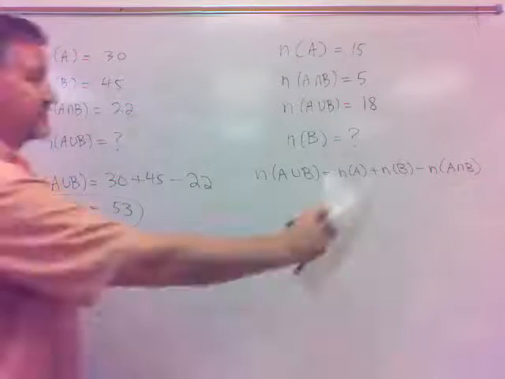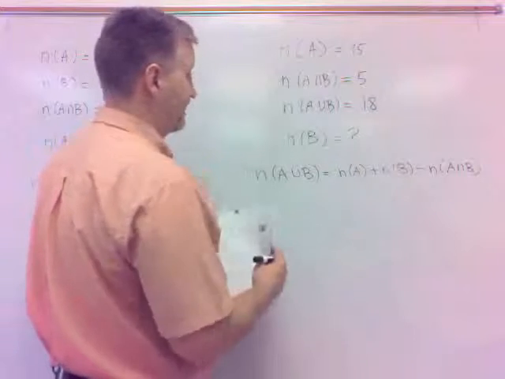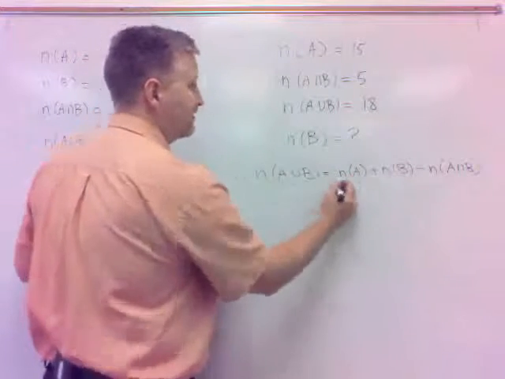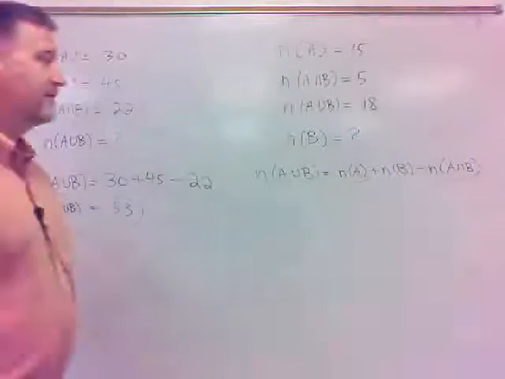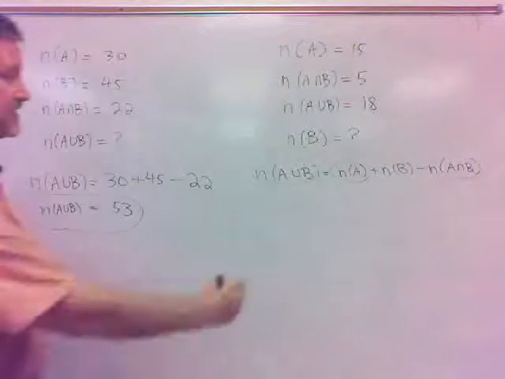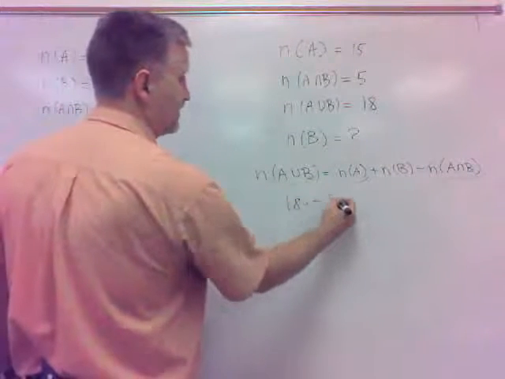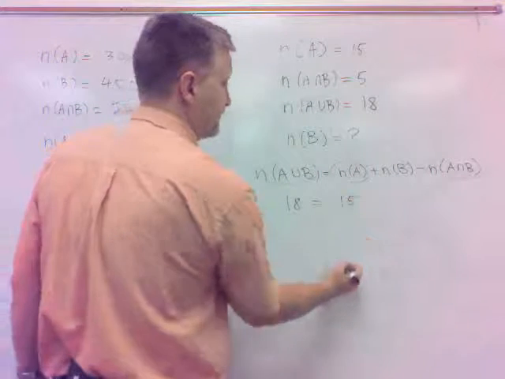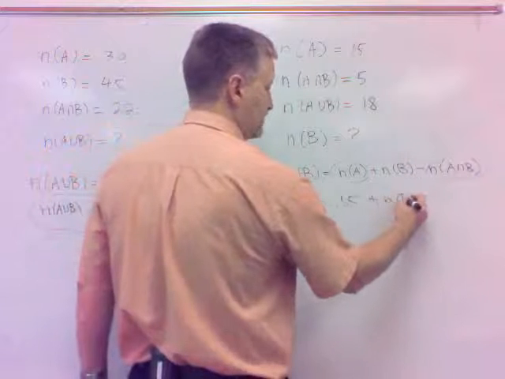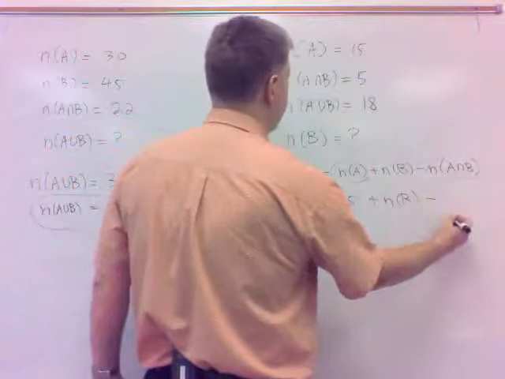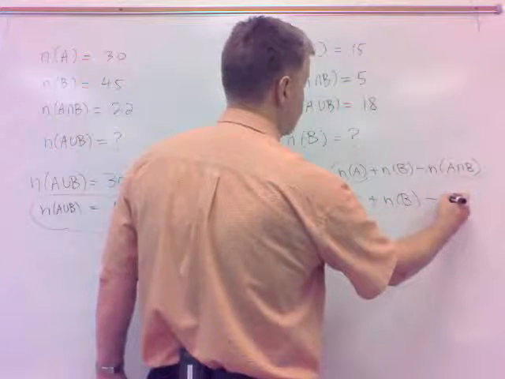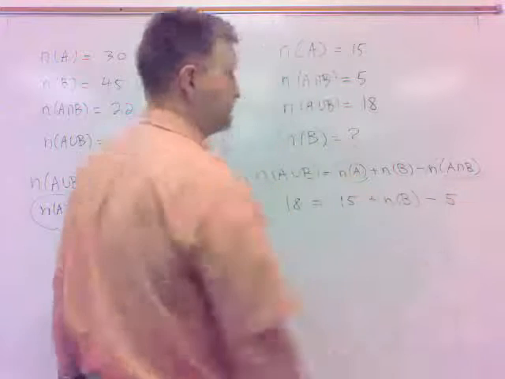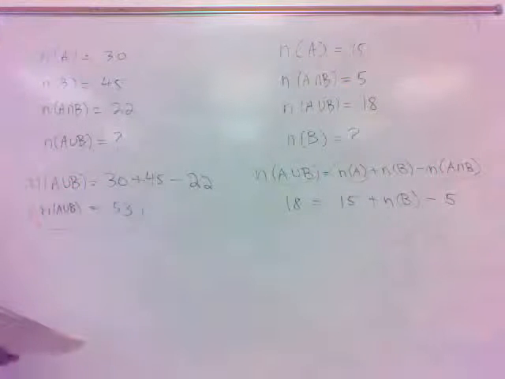What I don't know is the number in B, so I can't fill that in, but I can fill in the other three. I know how many are in the union, so that's 18 here. A is 15, so 15 here. I don't know the number in B, so it's got to stay unknown there. And the number in A intersection B is 5.